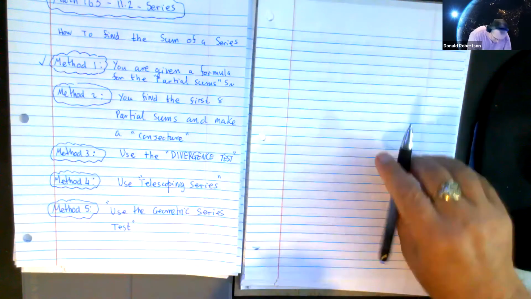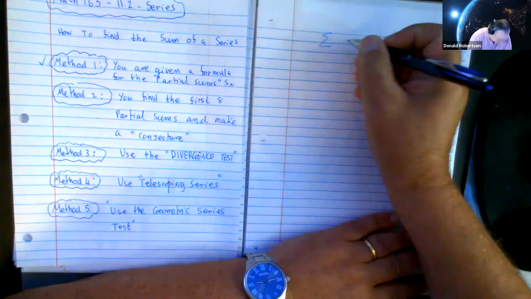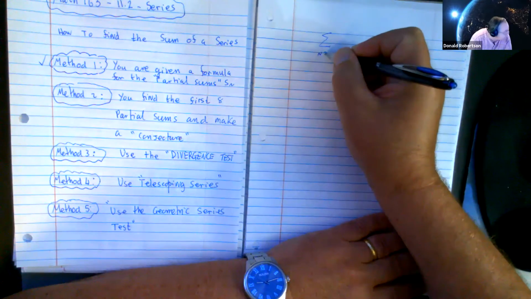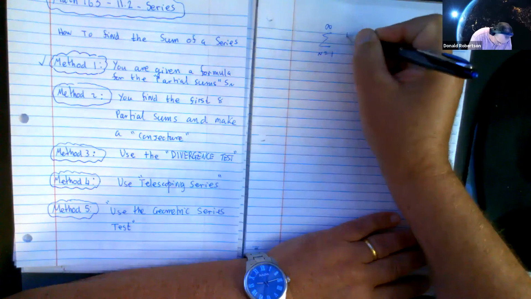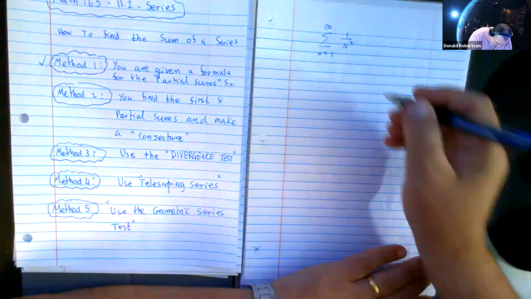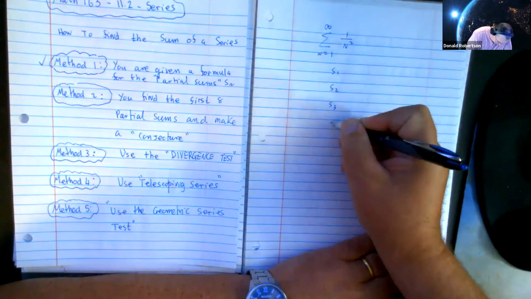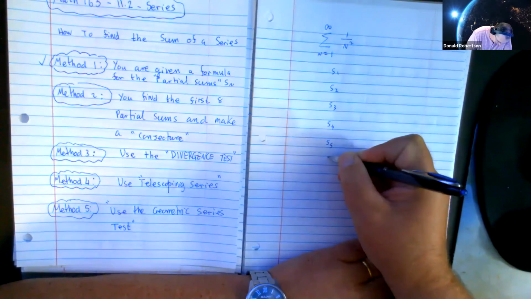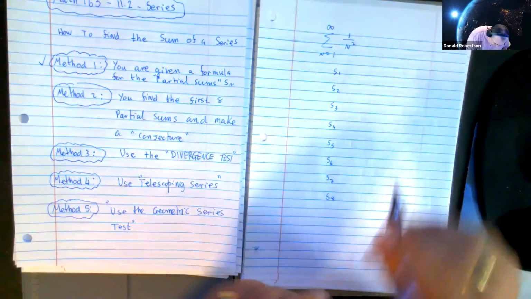So you get, for instance, a series that looks like this. And I'm going to pick a much easier one to do. And it's going to be 1 over n squared. And all we're going to do is calculate the partial sums and write down what the answers are.